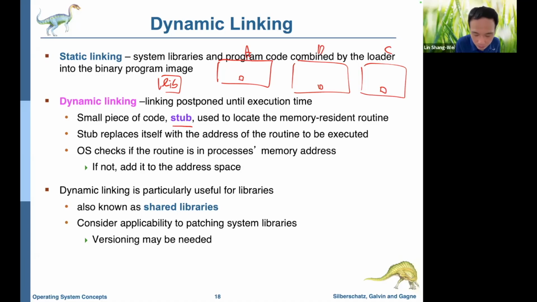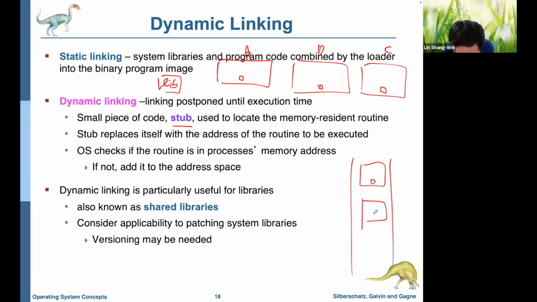This stub is a small piece of code used to locate where the library is. In memory you have A with a stub, B with a stub, C with a stub, and the library is loaded somewhere in memory, and the stub helps to locate it.